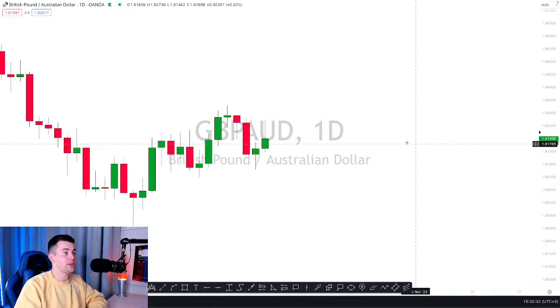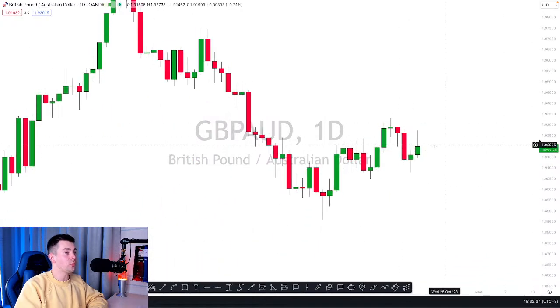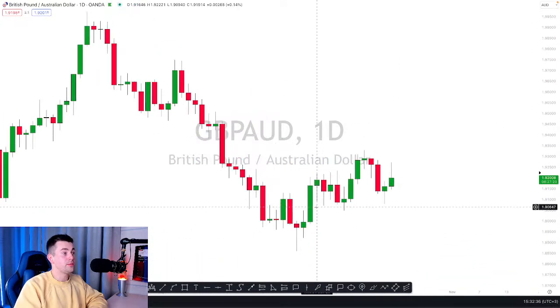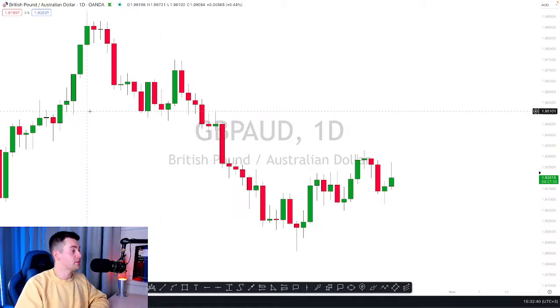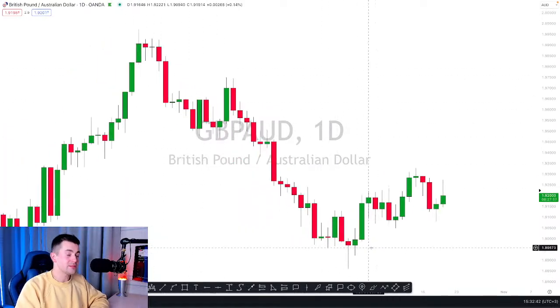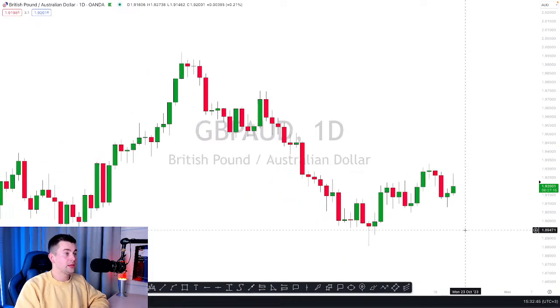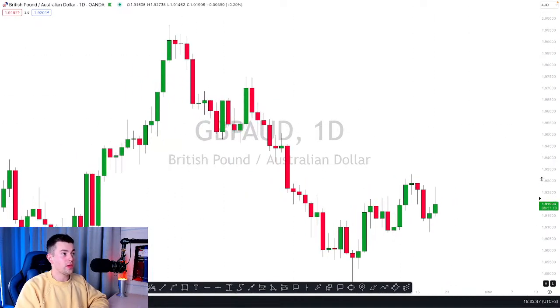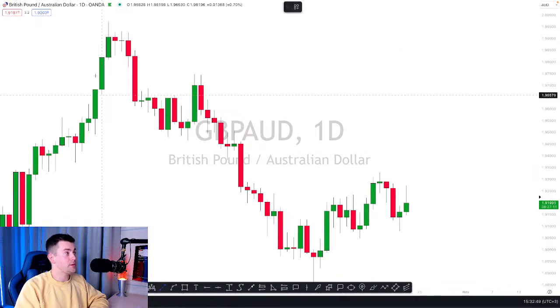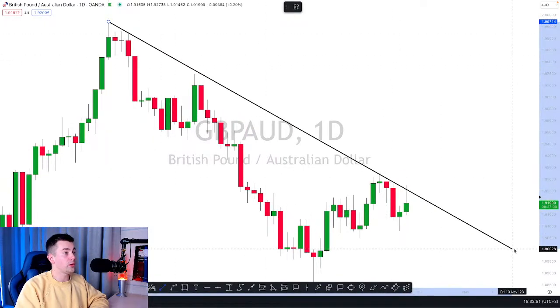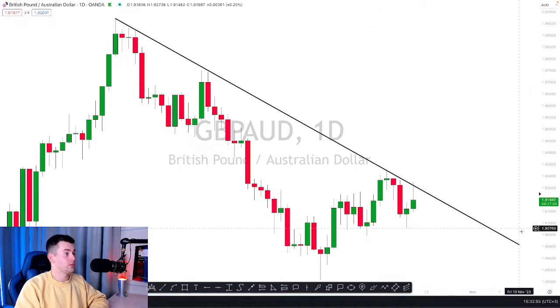What we can spot in pound Aussie is that currently we are trading in a minor bearish trend. Yes, and you can see that over time, since August, the market is steadily falling. And now analyzing the lower highs within that bearish trend, we can spot here a very important falling trend line. Do you see that trend line right here, traders?